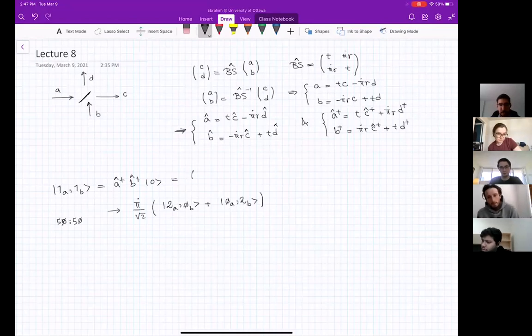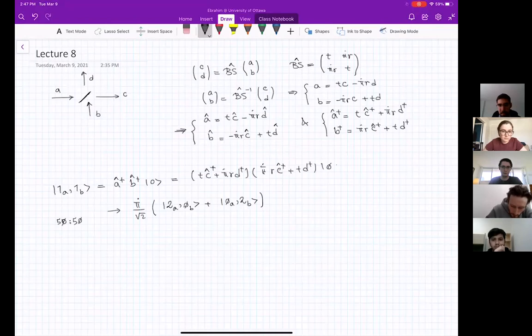So then A is replaced by T C dagger plus iR D dagger, multiplied by iR C dagger plus T D dagger, acting on vacuum.